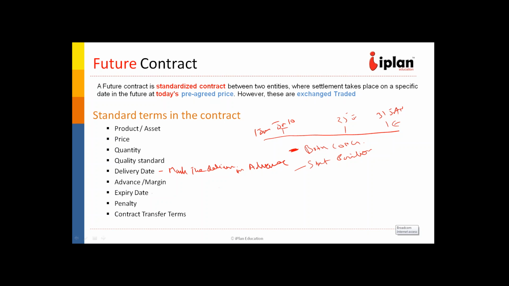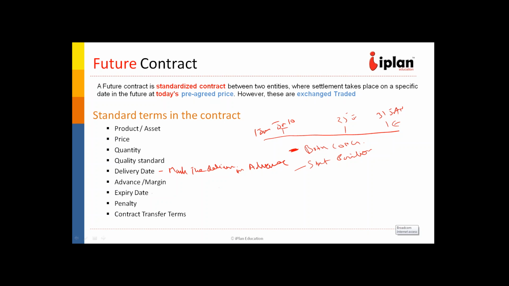They need some time to arrange a delivery, and they normally take a delivery margin also from you, and after the expiry they give you 4 or 5 days as a grace period to collect the delivery from the exchange warehouse, and they give you a warehouse receipt, okay, which you can produce in front of them and collect the delivery, and you have to make the full and final payment. Okay, and that has to be before taking the delivery.